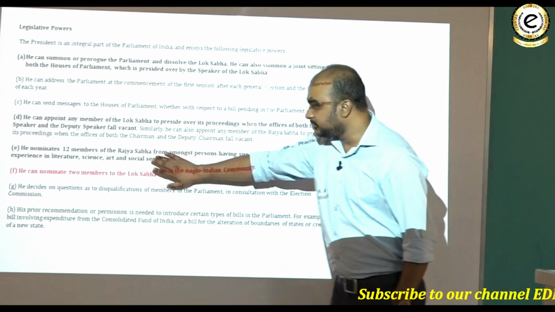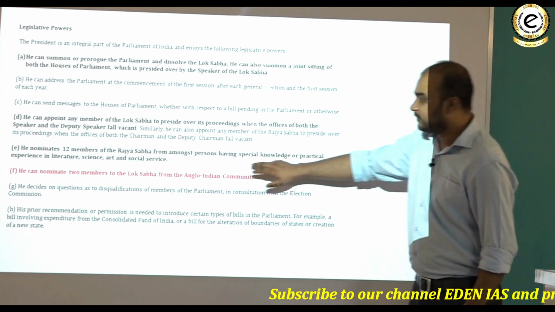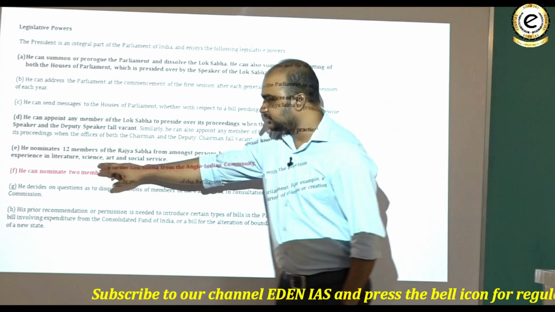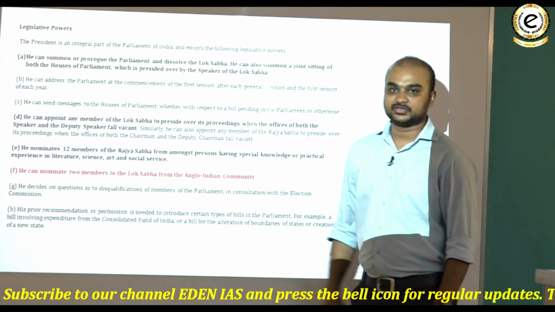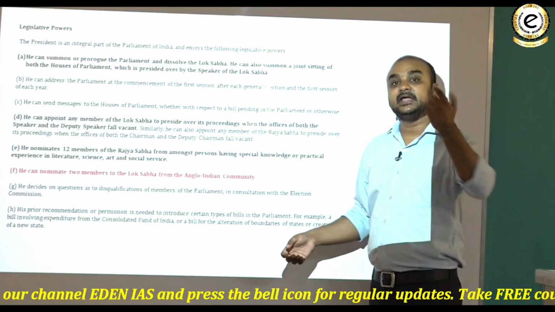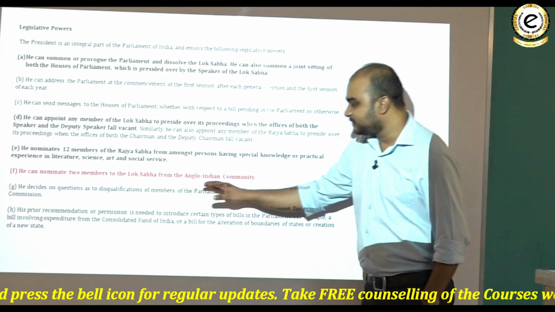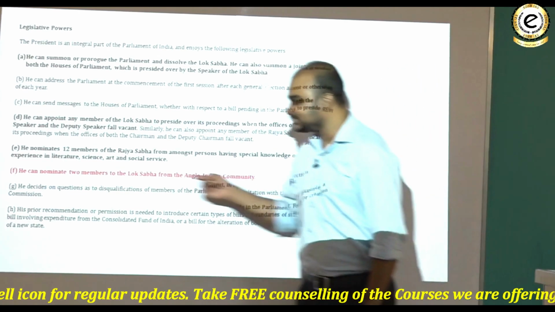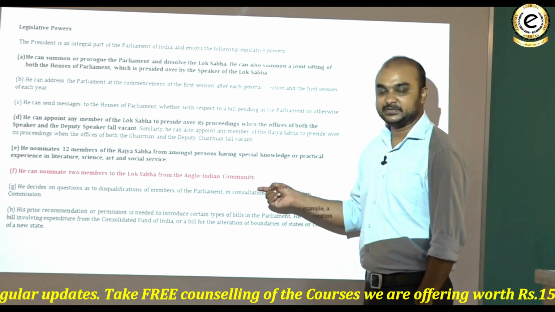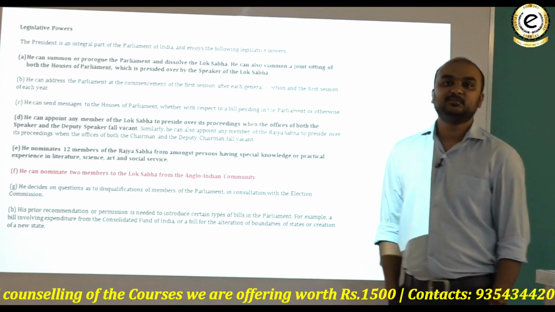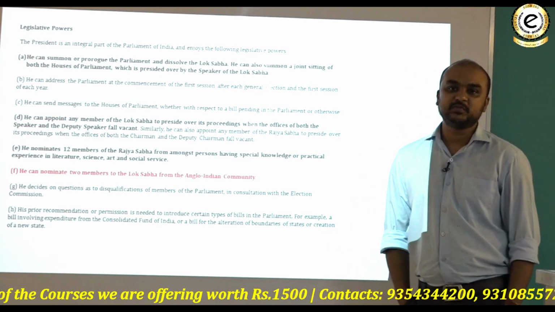He nominates 12 members of the Rajya Sabha from amongst persons having special knowledge or practical experience in literature, science, art and social service. This is the nomination element in the Rajya Sabha. He can nominate 2 members of the Lok Sabha from the Anglo-Indian community. And why am I showing this in red ink? Because this has been abolished by the 104th Constitutional Amendment, or the 126th Constitutional Amendment Bill.